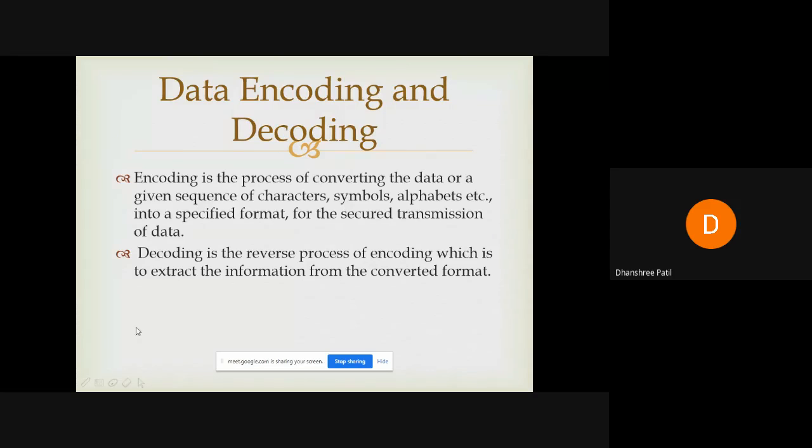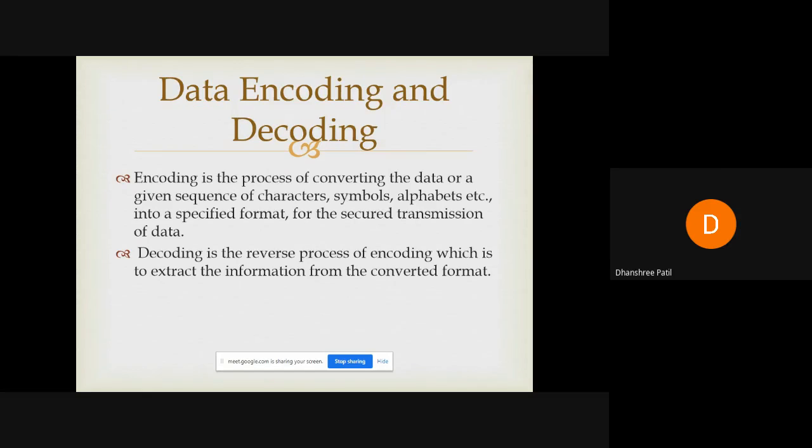Then decoding is the reverse process of the encoding, which is used to extract the original information from the converted format. Suppose the data is represented in a signal. The receiver needs the original data, and to get that original data, decoding is used.